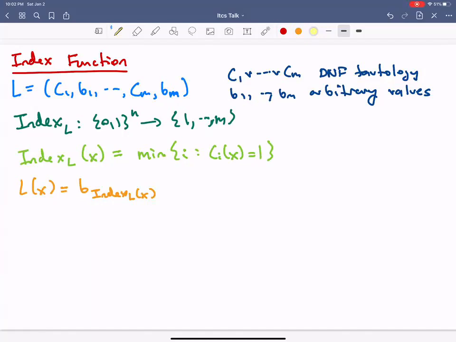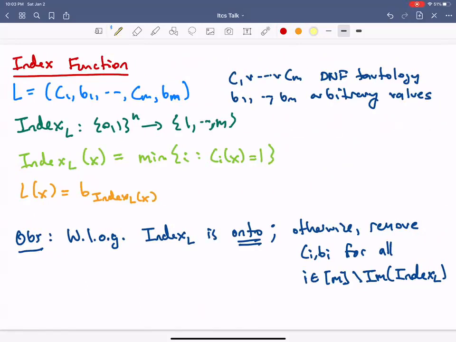B1 to Bm are arbitrary output values. I'll denote by index sub L the function which maps an input in the hypercube to the index of the first satisfied clause. In other words, the function computed by L of x is just equal to the output value B at the index L of x.